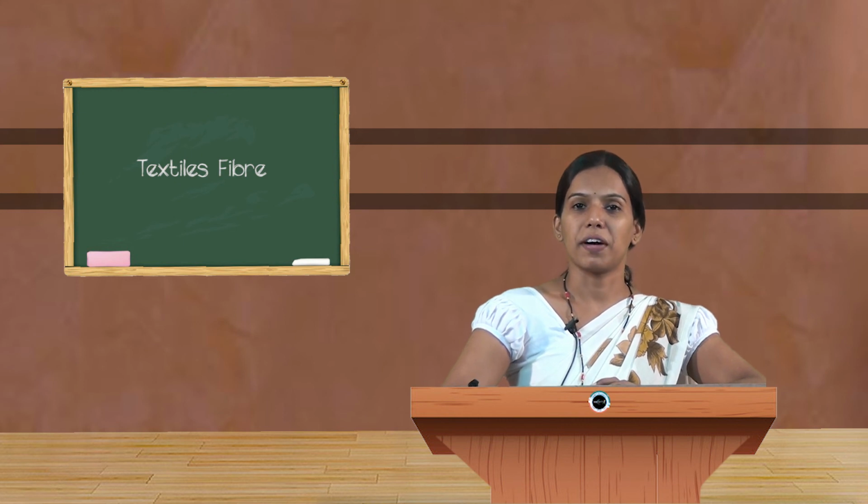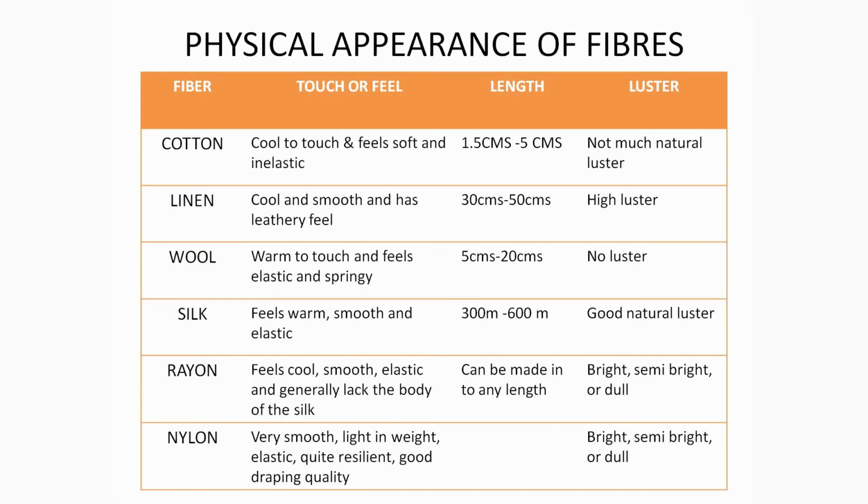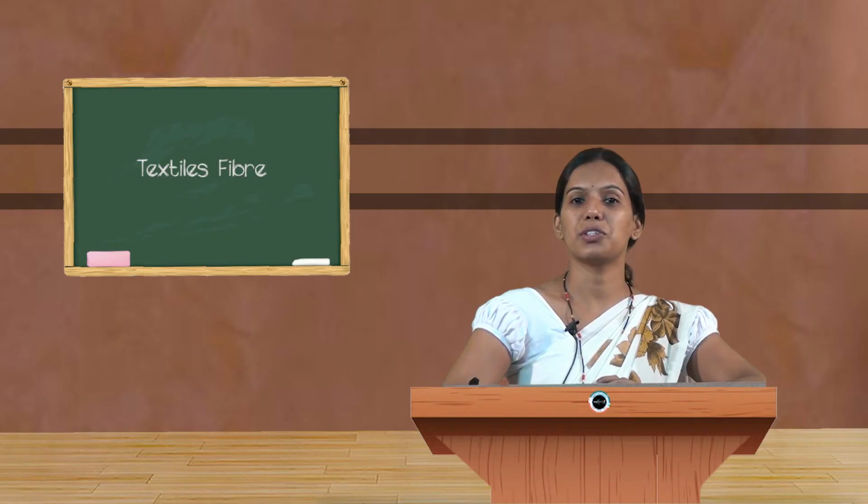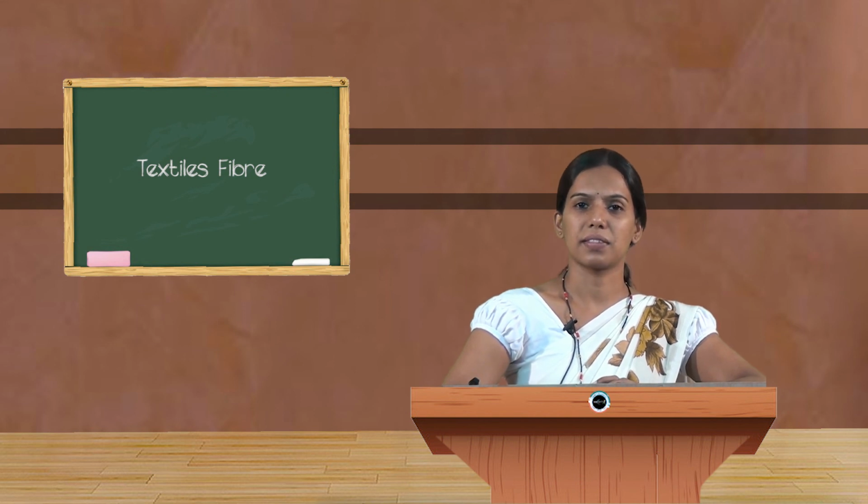Rayon is a man-made fiber, and when we touch rayon fabric, we feel cool, smooth, and it is elastic and generally like the body of silk. The length of rayon can be made into any length. And luster, we can bring it to bright, semi-bright or dull.